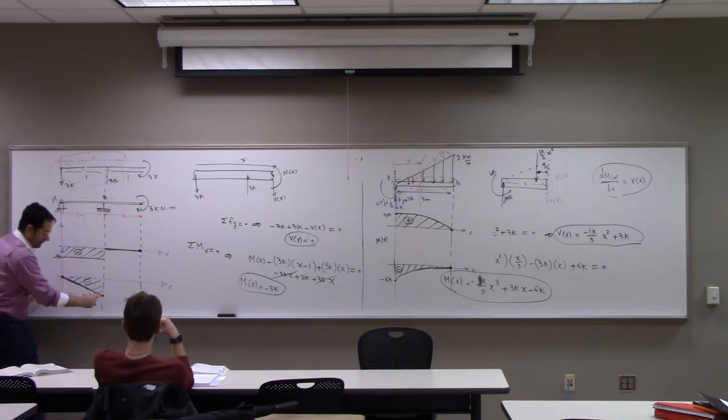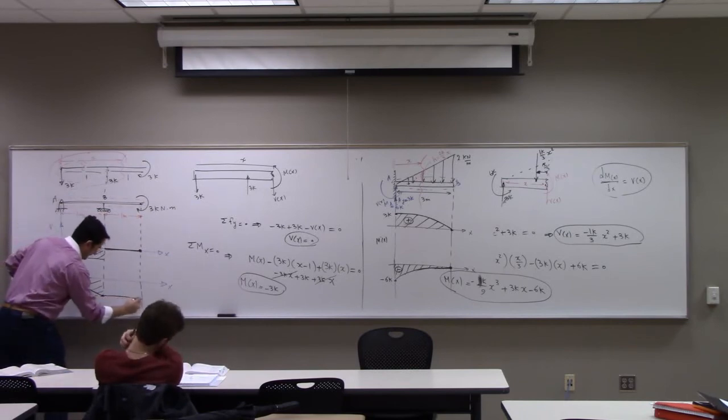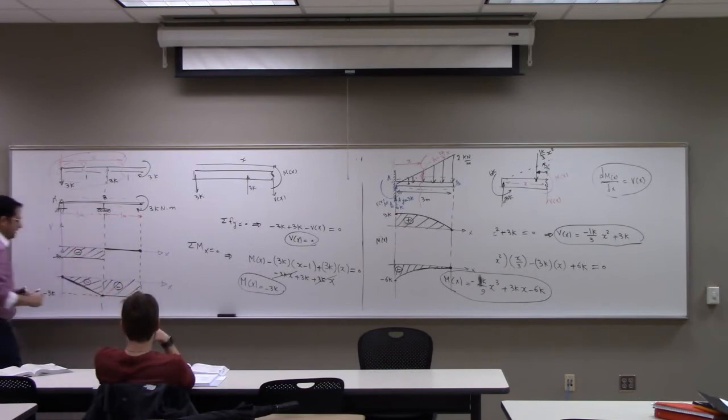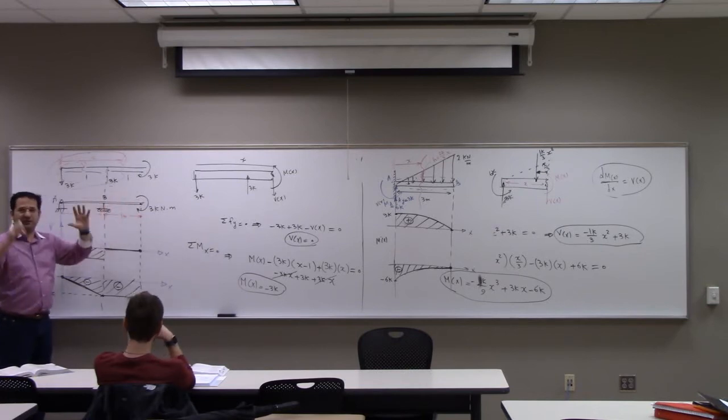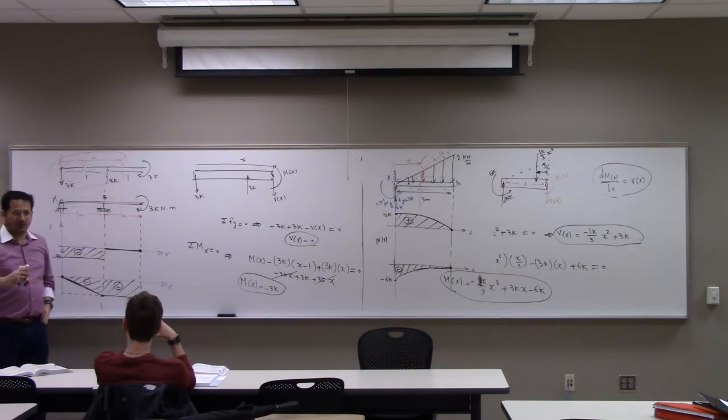This line is already negative 3. It goes all the way. That's your shear moment diagram. And it kind of makes sense because if you just consider from here to here, this part is just free in space, except you have the constant moment all the way. You should just consider that part. The moment is constant. So you got negative 3.